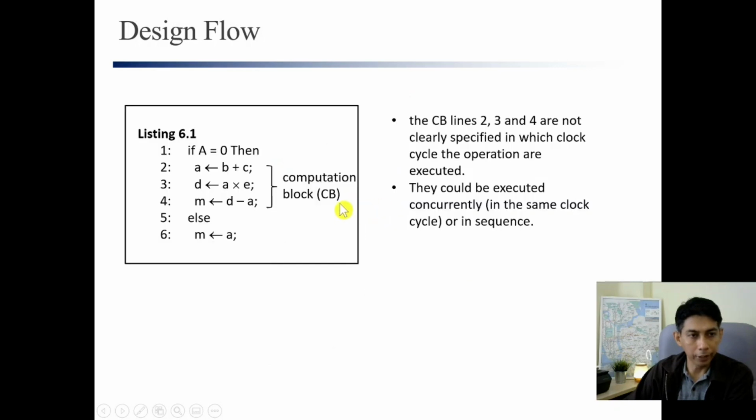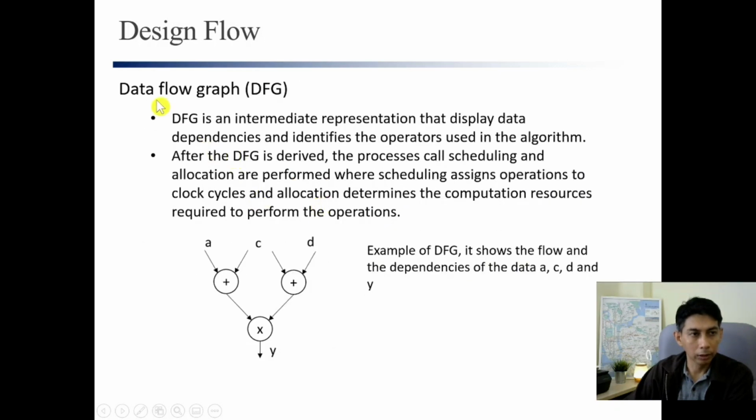Now look at this. What is DFG? DFG is a data flow graph, an intermediate representation that displays data dependencies and identifies the operators used in the algorithm. This is a very important statement.